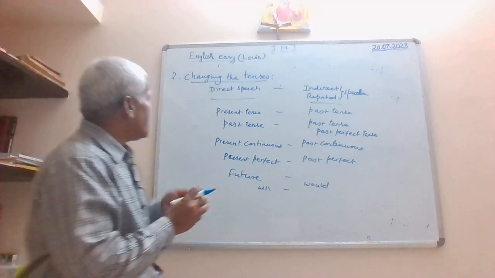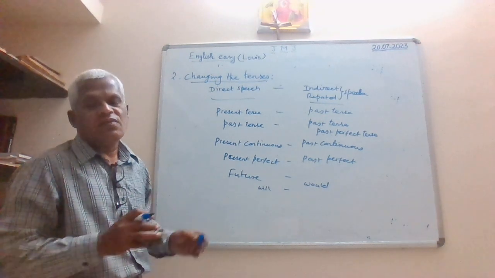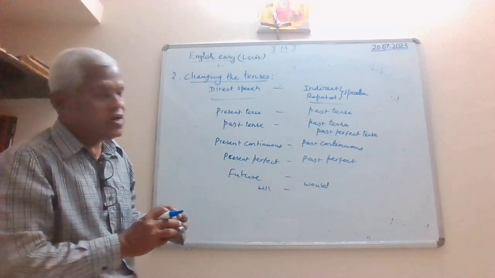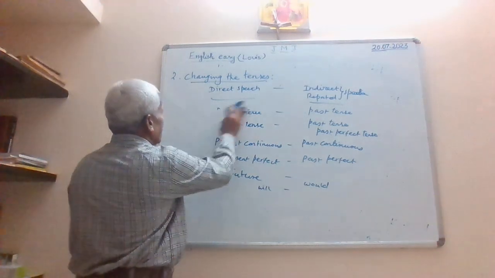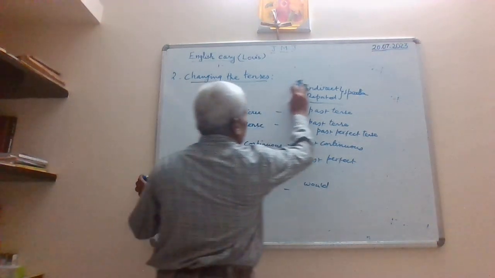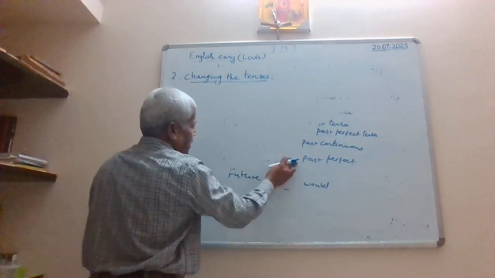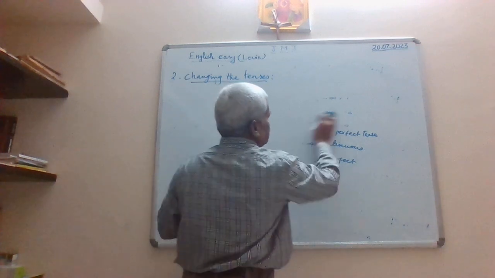Now this is the second general rule when it comes to changing from direct to indirect. Let us move on to the third important rule. What is the third important rule that we must be paying attention to?